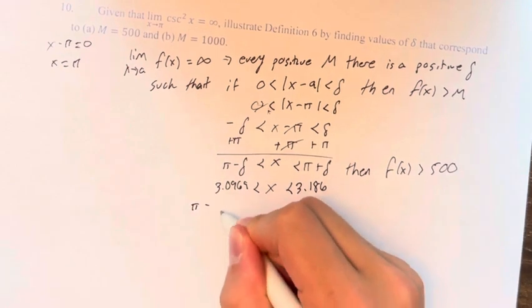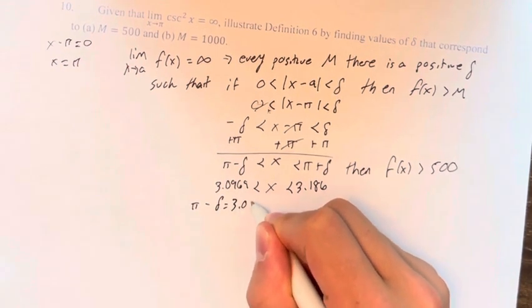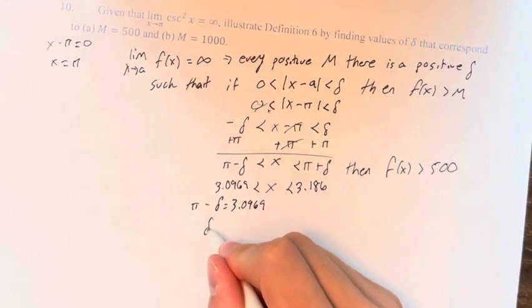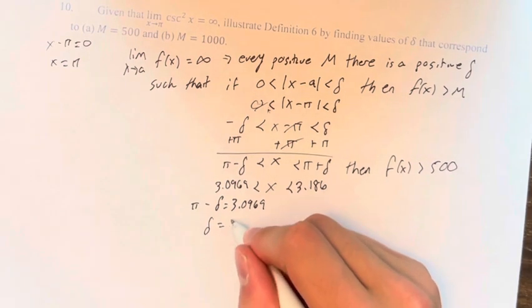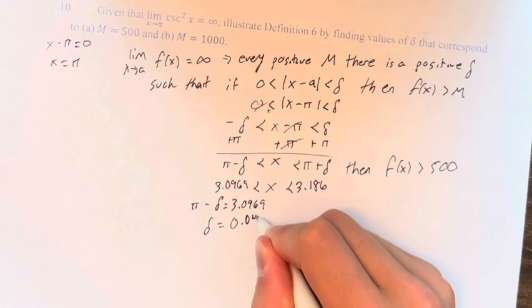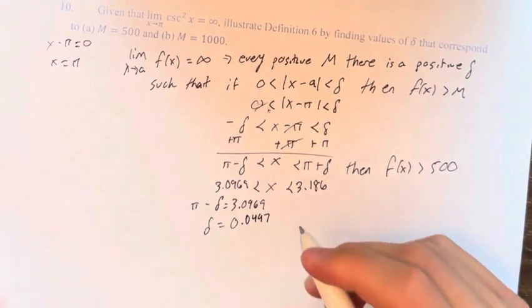So if pi minus delta equals 3.0969, what is delta? You have to plug it into your calculator because we have to use the exact value of pi. When you do that, delta is roughly 0.0447.